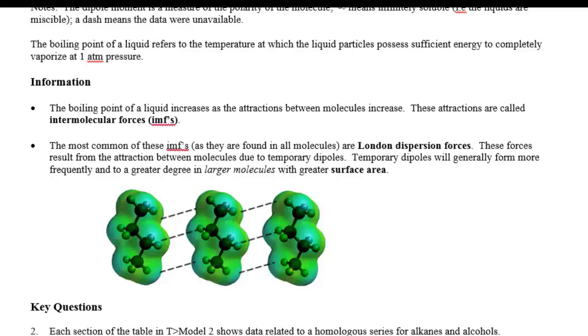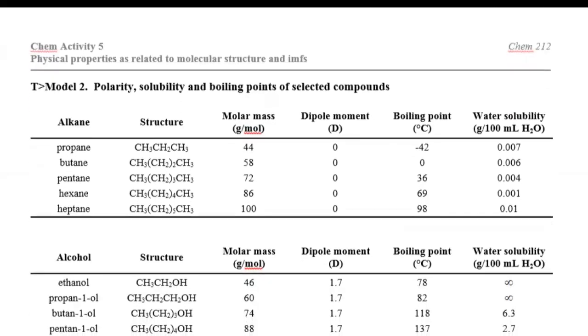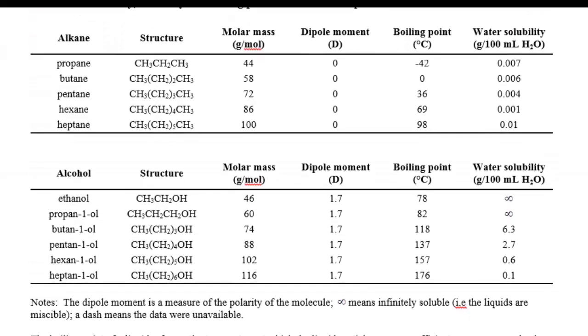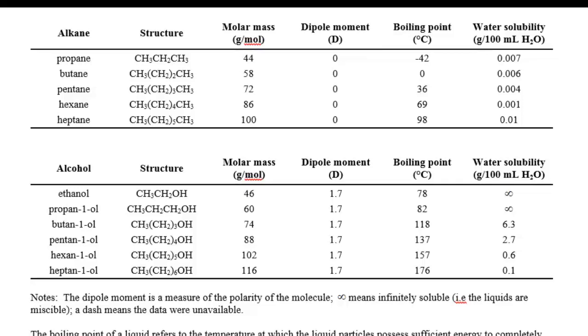Given this, let's go back up and look at our data here. We can see that in a homologous series, going from propane to heptane, the molar mass increases. As the molar mass increases, the London dispersion forces increase. As the London dispersion forces increase, the boiling point increases. And so molar mass is directly related to boiling point.